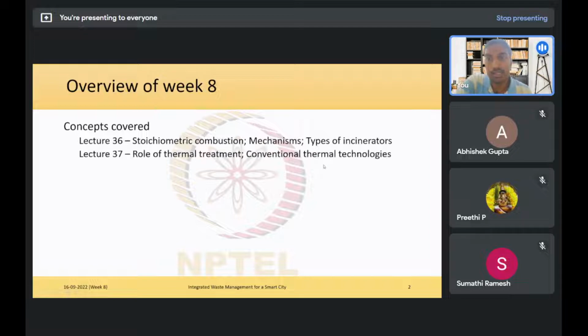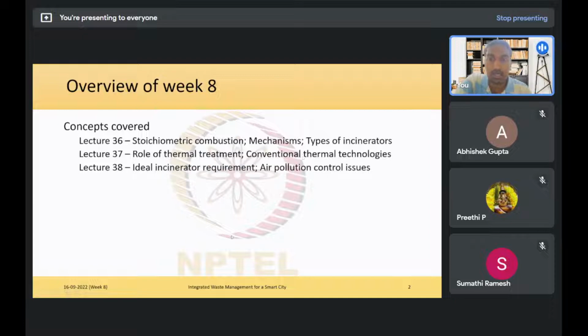In the second lecture, we looked at the role of thermal treatment, how it helps us minimize the volume of waste that goes to the landfill and effectively increases the life of the landfill. We looked at other advantages it provides, and then we went into conventional thermal technologies, that is, how we conventionally do the thermal treatment of solid waste.